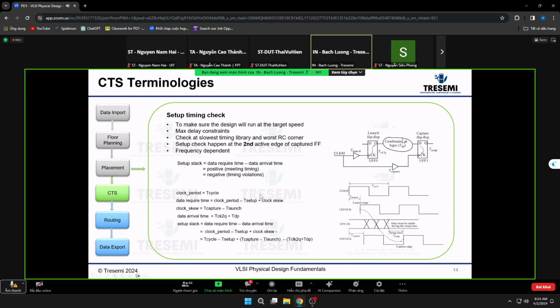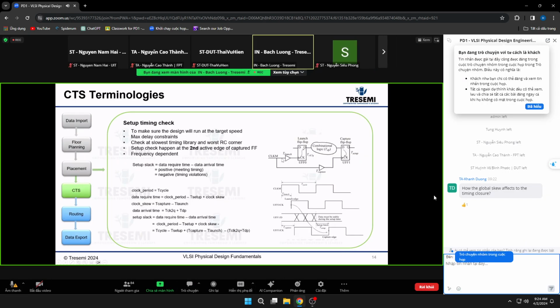The T cycle here represents the clock period. So data required time is basically the clock period minus the setup plus the clock skew. What is the clock skew? Remember, the clock skew is the difference between the arrival time of the capture clock and the launch clock.